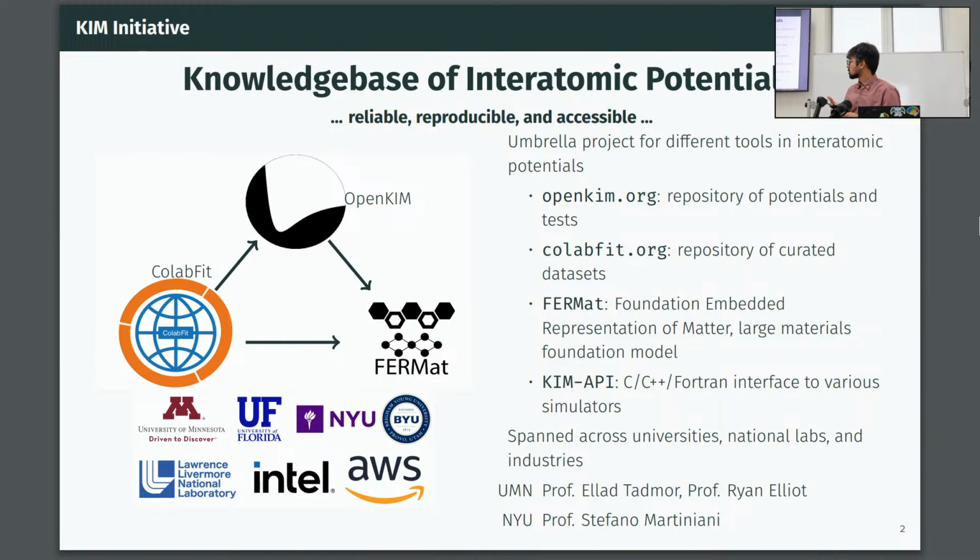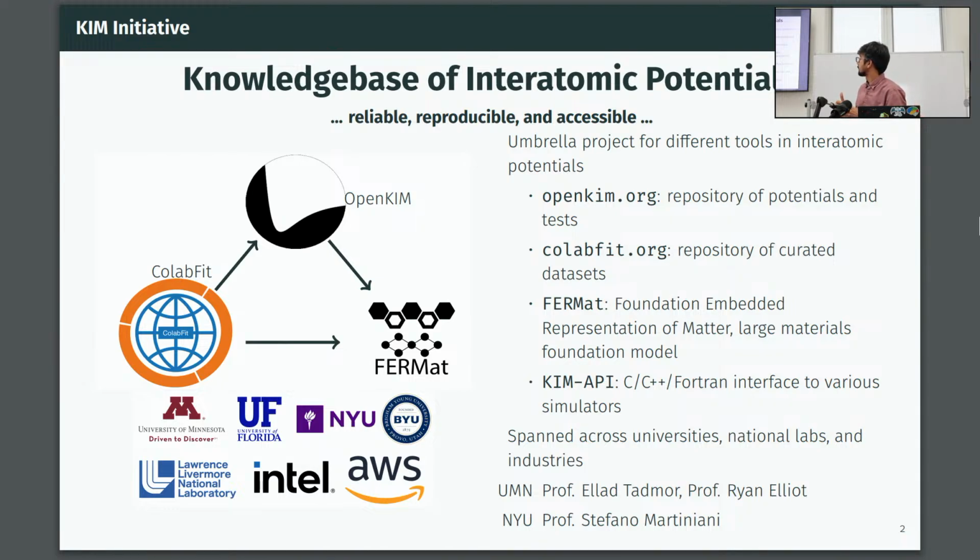We also have deep ties with New York University, which is graciously giving us a lot of hardware to host all of our stuff, and it is now also being evaluated inside Intel and AWS for their own materials and machine learning research.